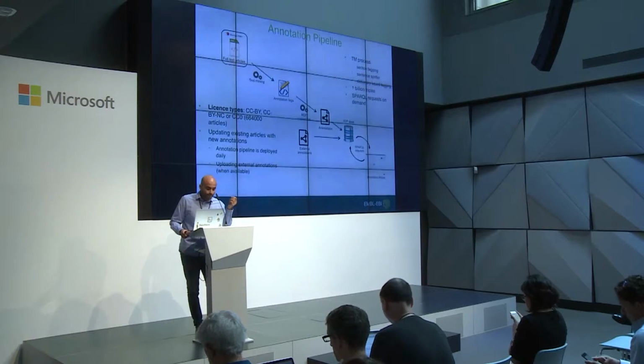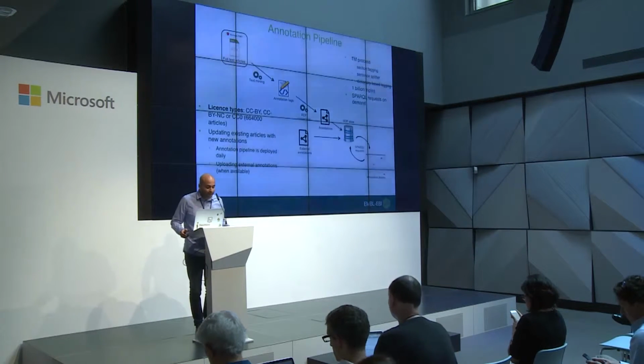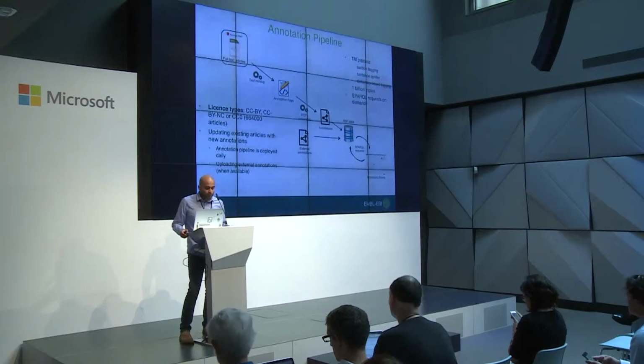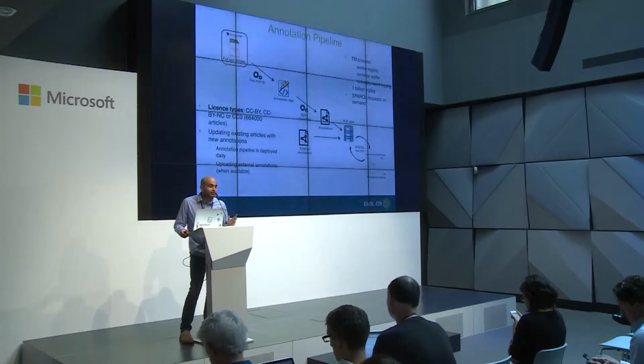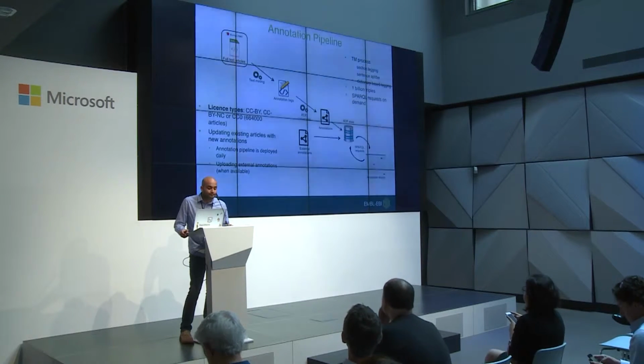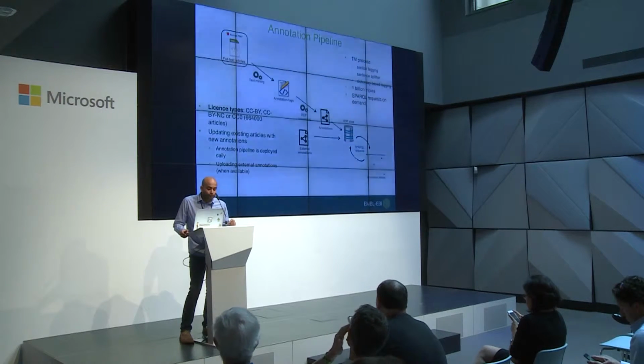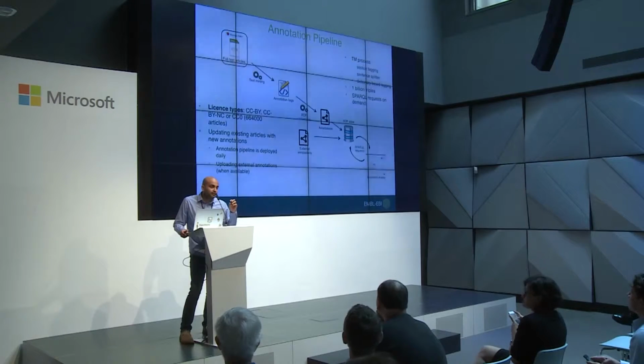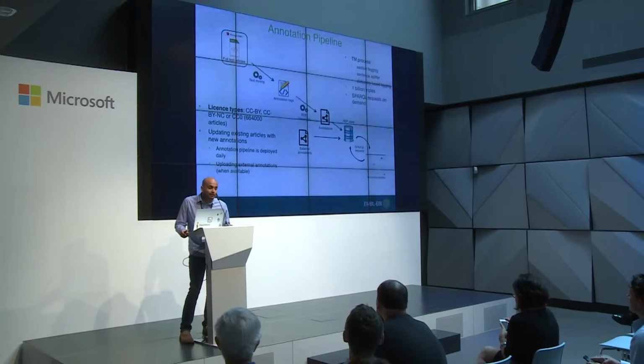So this is the annotation pipeline. What we do is we take all full text articles that are under a CC BY license, and we text mine these articles, and we use section tagging and other methods to semantically tag these articles.